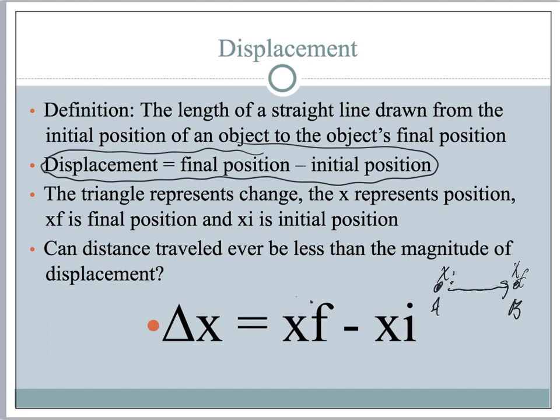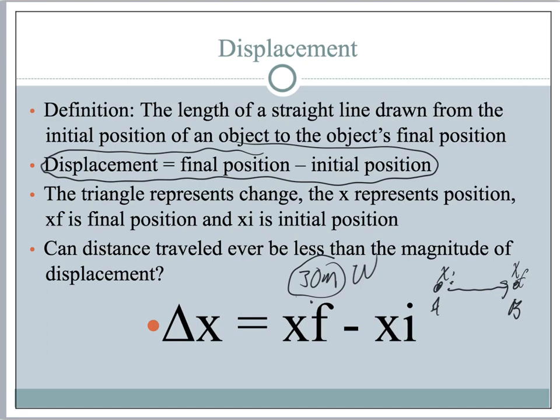Think of it like this: the distance traveled will always be equal to or greater than the magnitude of the displacement. Remember, when we say magnitude of displacement, we mean the number, like I say 30 meters west. The 30 meters is the magnitude.